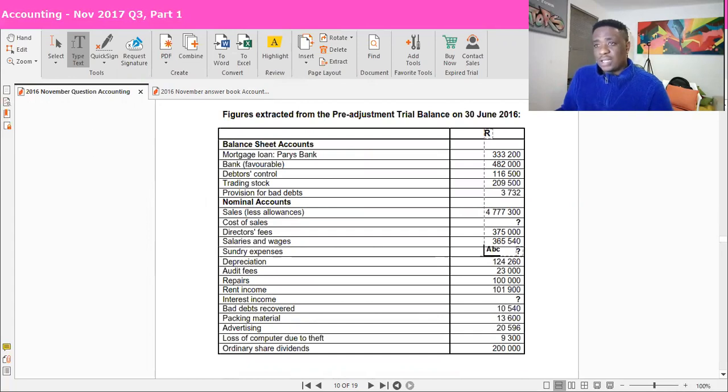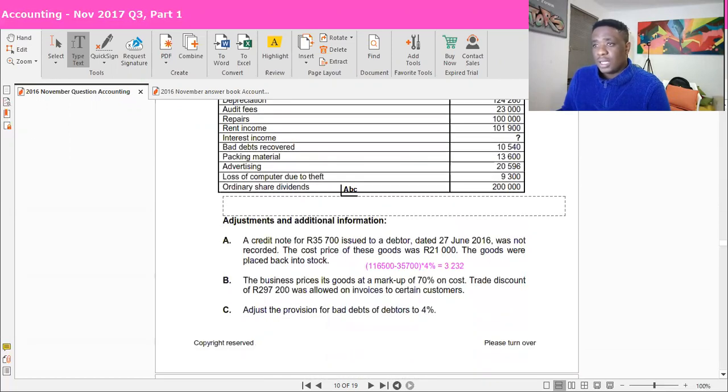The potential other income that I thought of would be the trading stock surplus. Most times it's going to be a deficit. In fact, in all papers that I've ever looked at, it's always been a deficit, but it's always worth looking just to make sure that they haven't twisted things. So in their trial balance, we have a stock balance of 209,500, and then we're told there's this inventory that was returned, and it was added back to the stock.